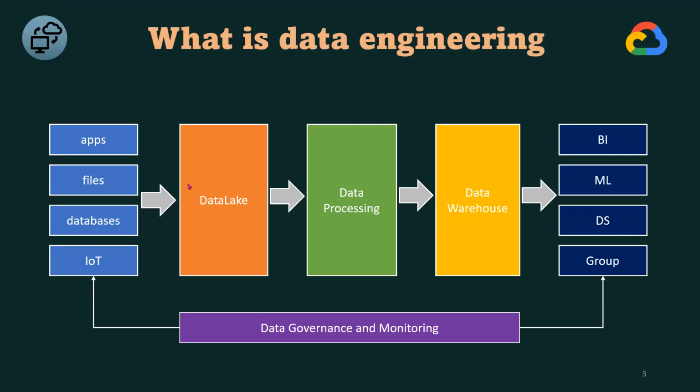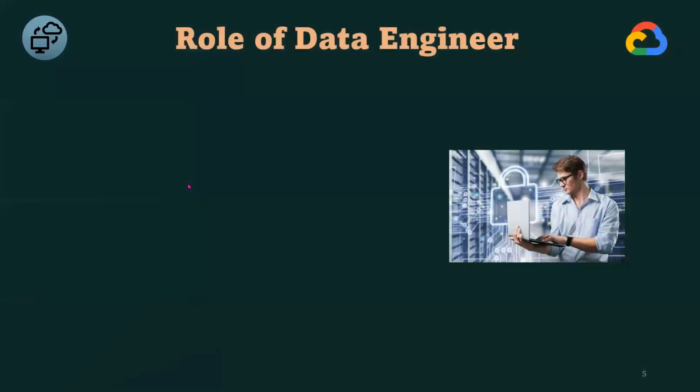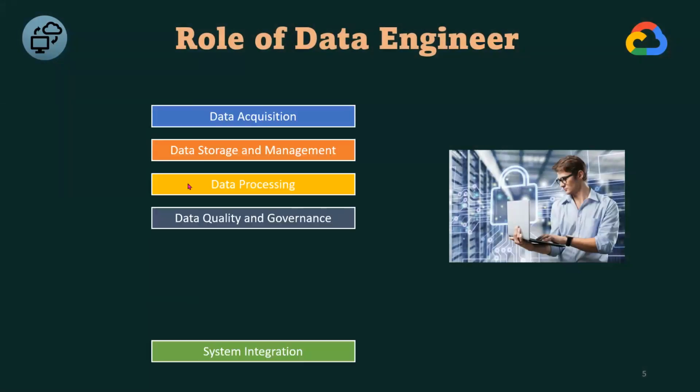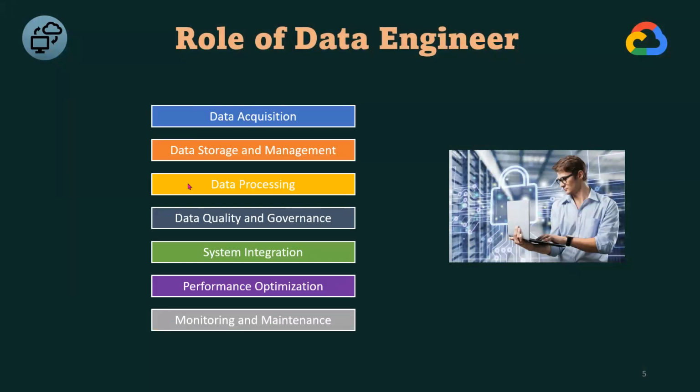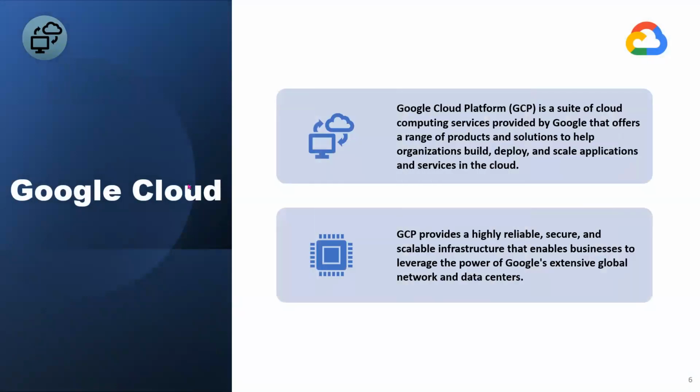So this is data engineering and the role of a data engineer: data acquisition, data storage, data processing, quality, system integration, performance, and monitoring and maintenance. And we have seen what is Google Cloud. It is one of the cloud computing services providers.